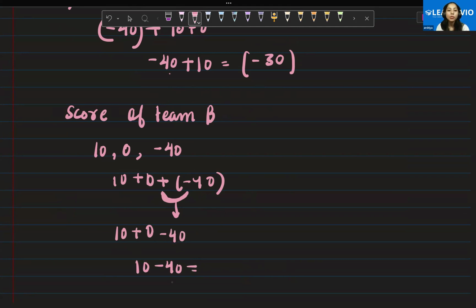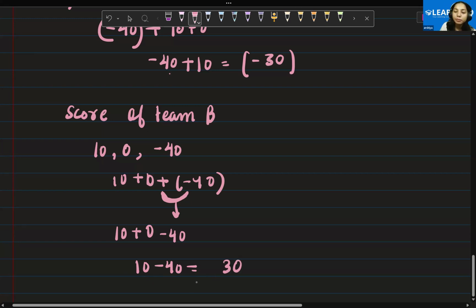So it's the same, 10 minus 40. How much is 10 minus 40? 30 or negative 30? Ma'am, it's just 30. Why? No, 40 is negative. What's the sign of 10? It's positive, and in front of 40 it's a negative sign.